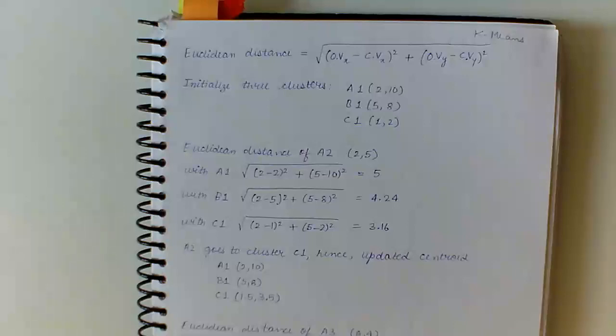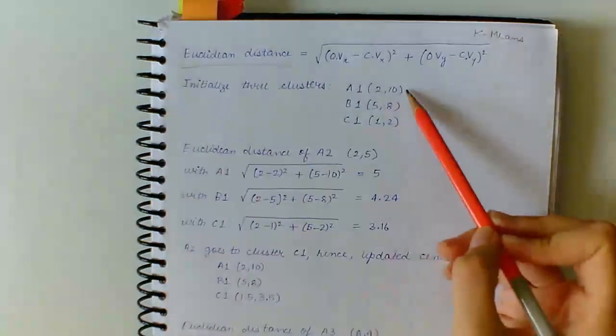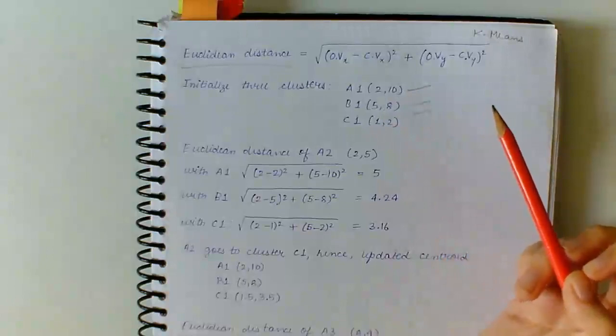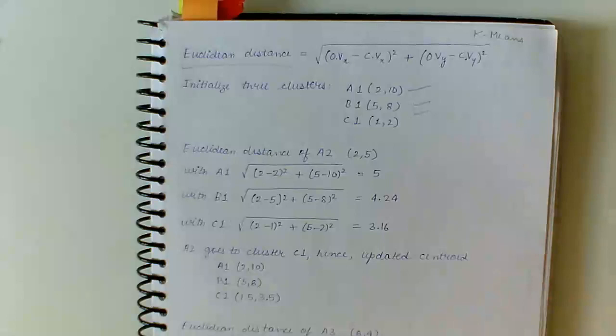The distance function is the Euclidean distance function. Suppose initially we assign A1, B1 and C1 as the center of each cluster respectively. And now we have to use the k-means algorithm to give the final clusters.